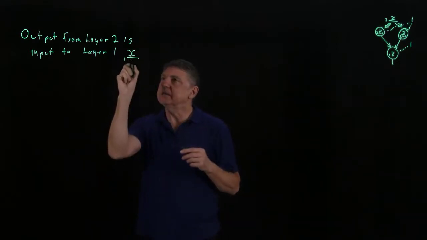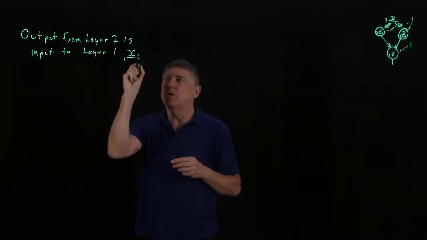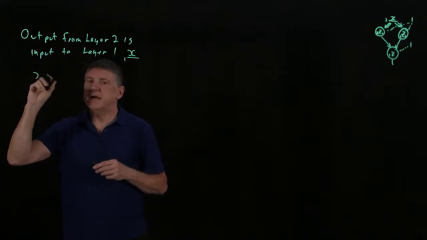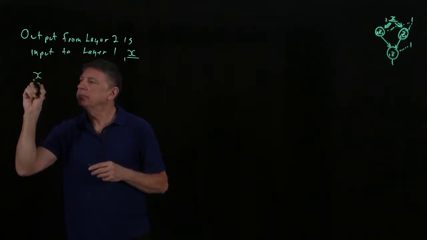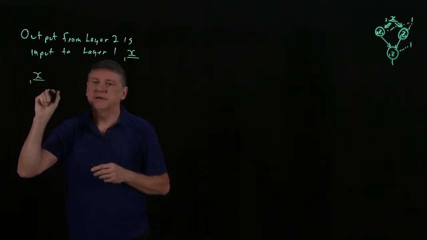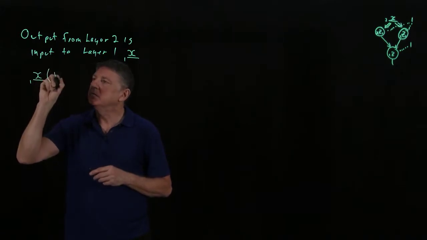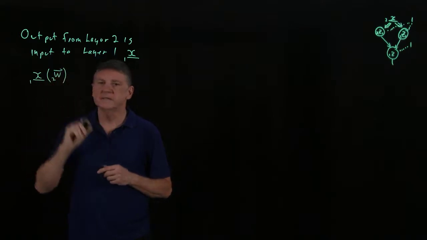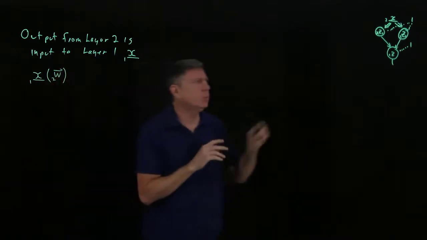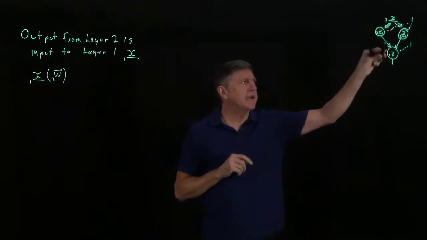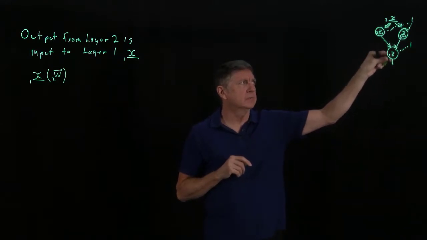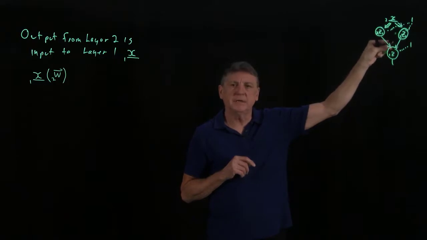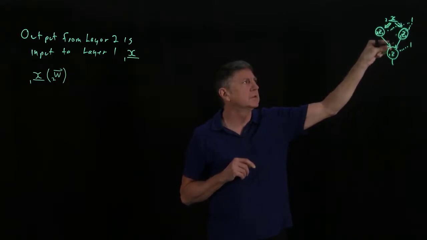And this depends on the responses. So we can write that 1 form that goes into layer 1, and we can write that as a function of the layer 2 weights. Let's see why that's true. So these arrows coming in depend on the computations that are happening in these hidden neurons.